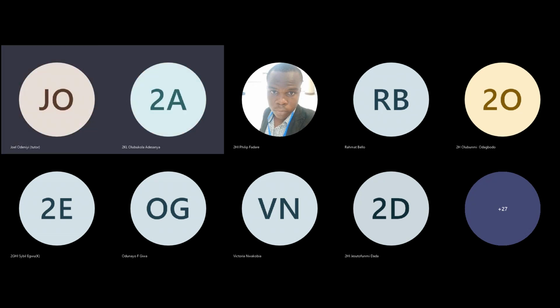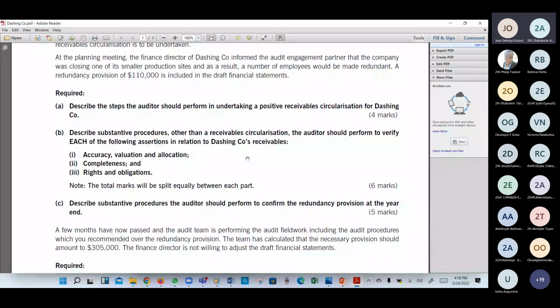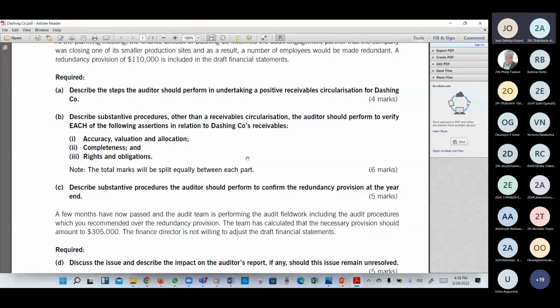Now, as usual, you always have a requirement, and this is a question that tests a couple of things. It's primarily on receivables, but it tests your knowledge of receivables and also limits procedures to certain assertions. The first question says, describe the steps the auditor should perform in undertaking a positive receivable circularization for Dashing Co, 4 marks.